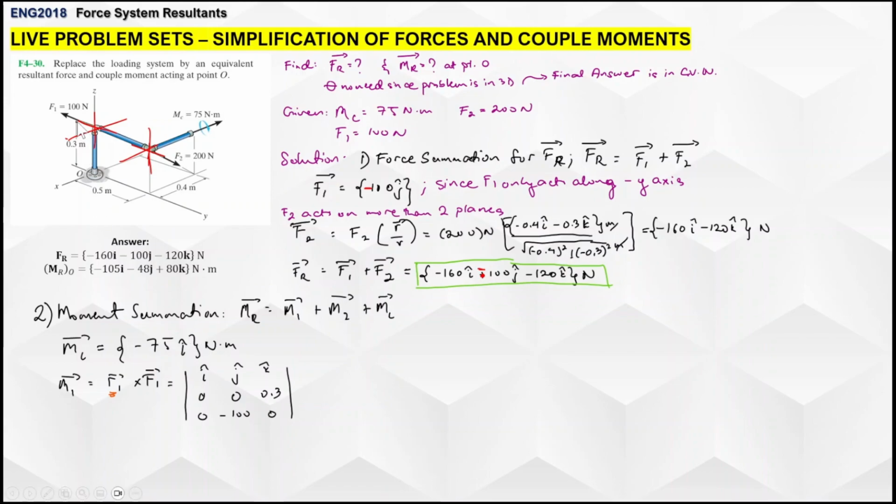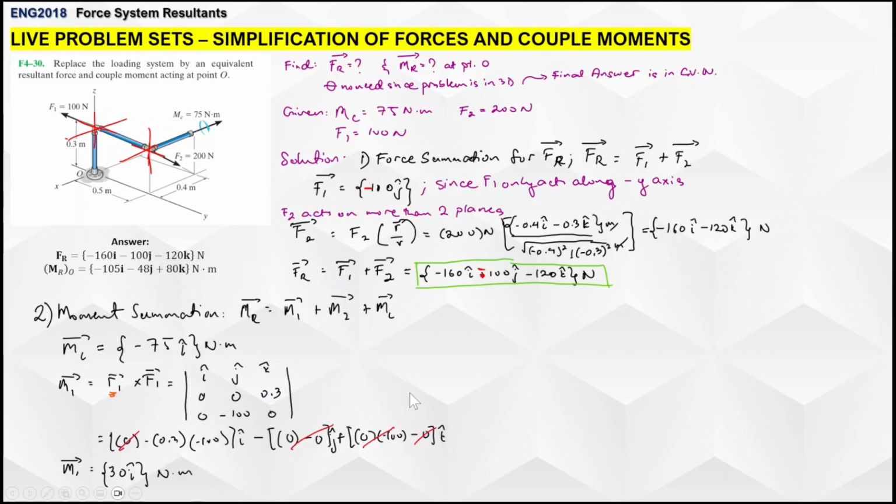And then you have F1 at negative 100 j hat, that's 0, 0. Then expand them. So that will be cancelled out because they're going to be 0. And then you simplify. M1 is simply 30 i hat Newton meter.